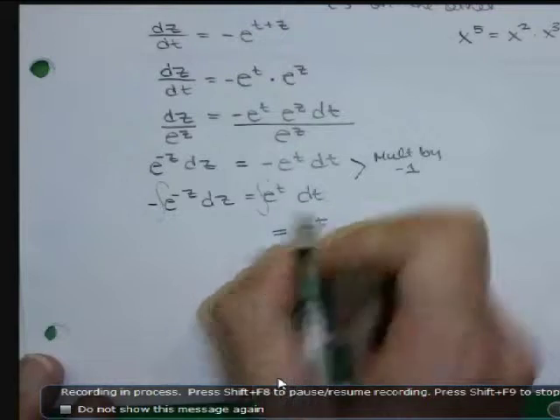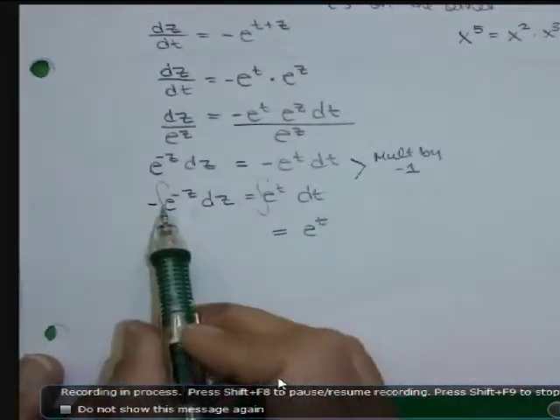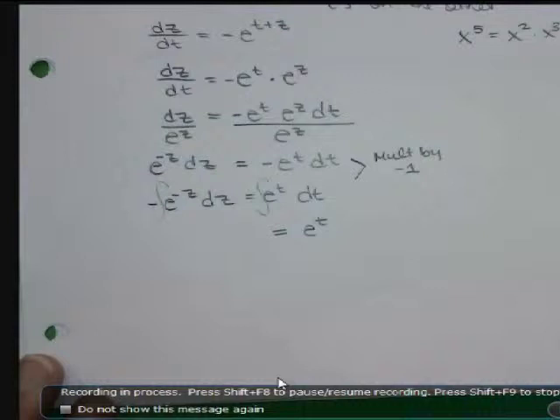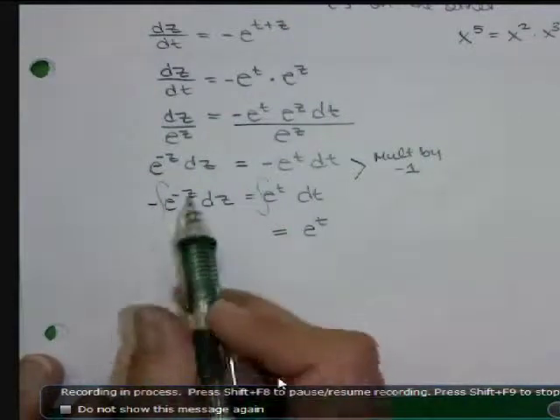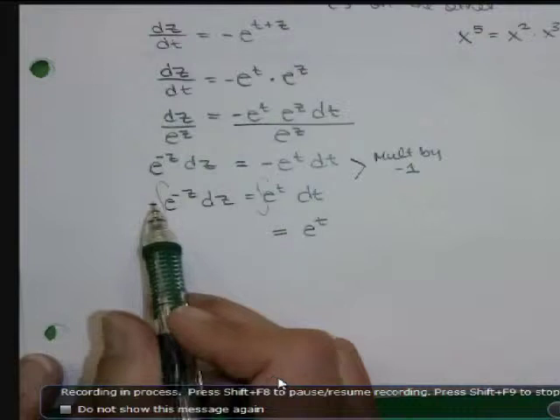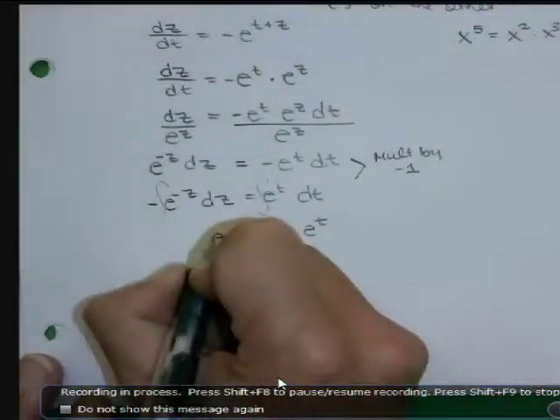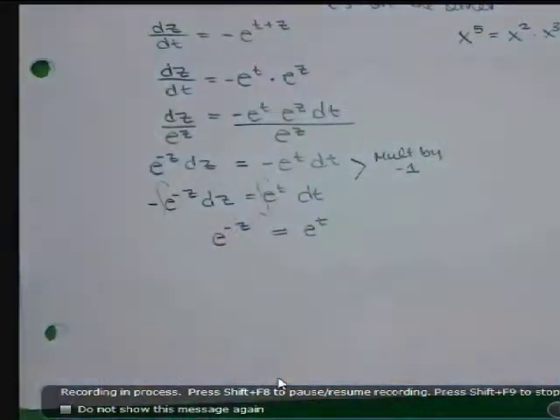And then the antiderivative of e to the negative z would be negative e to the negative z, and we already have a negative there. So we just get e to the negative z. It doesn't matter what side you do it on, but you have to have a plus c on one of the sides. I just always put it on the right. And I'm fine with you leaving it like that.